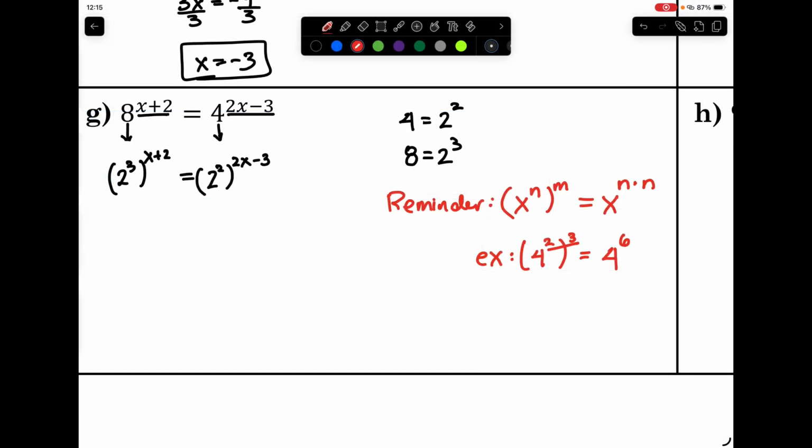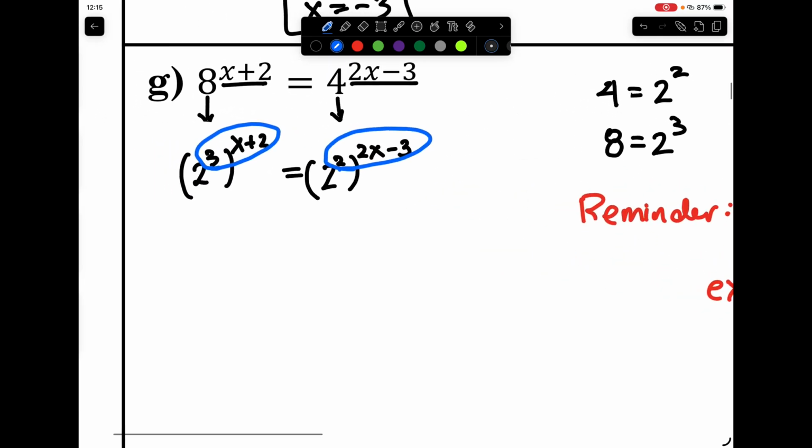Therefore, since multiplying those exponents is the way we simplify it, we can do the exact same thing here. We can multiply this power with that exponent right there. So that would mean 2 raised to the 3x plus 6 equals 2 raised to the 4x minus 3.